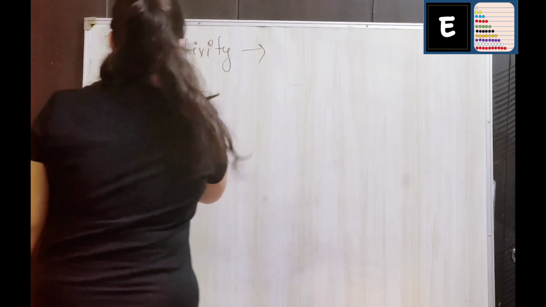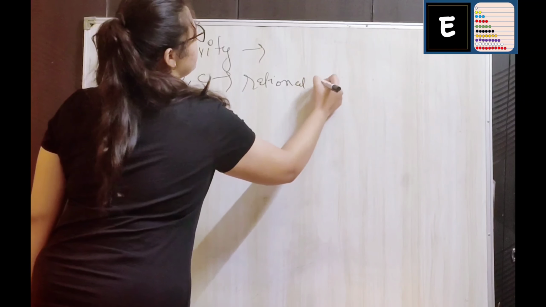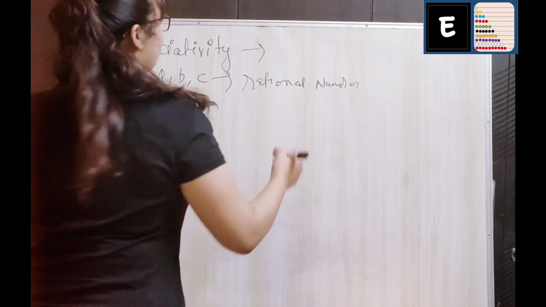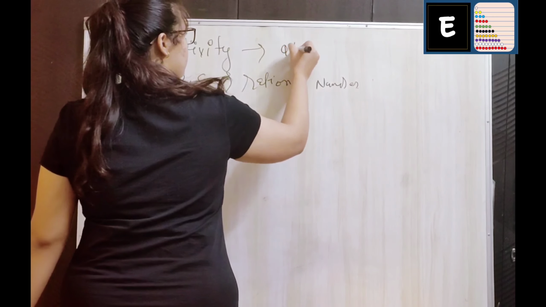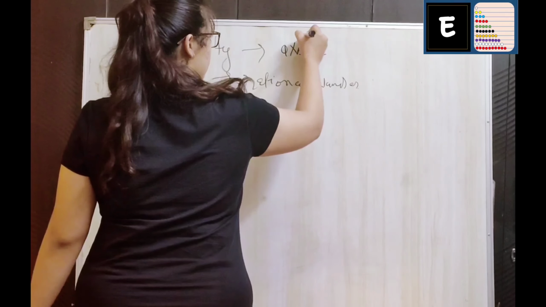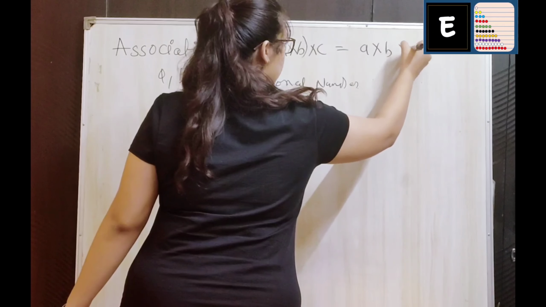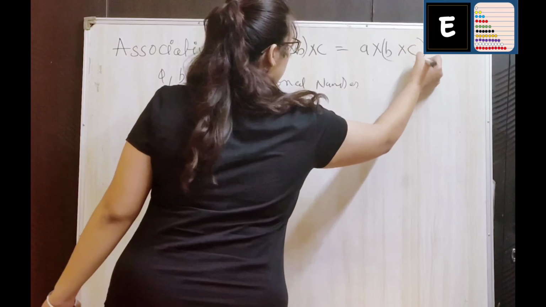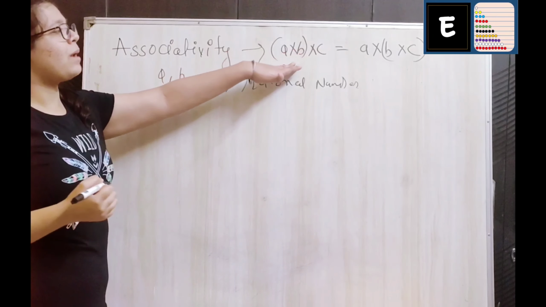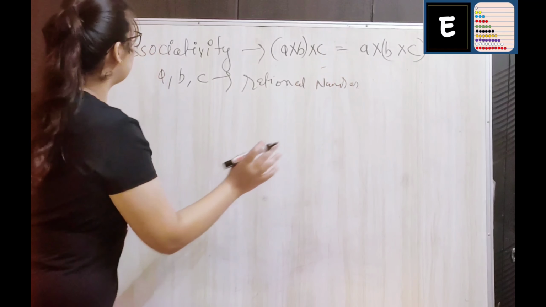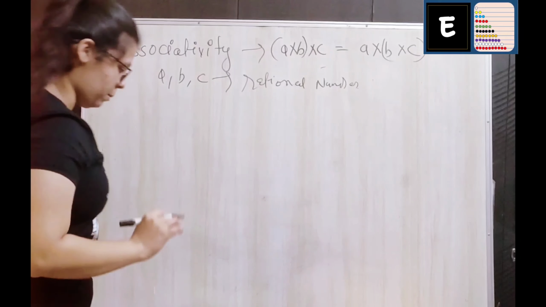Let's assume a, b, c are three rational numbers. Then in associative property, a into b into c is equal to a into b into c, grouped differently. Whether we solve this bracket first or that bracket first, the answer will be the same. So this property is called associative property.